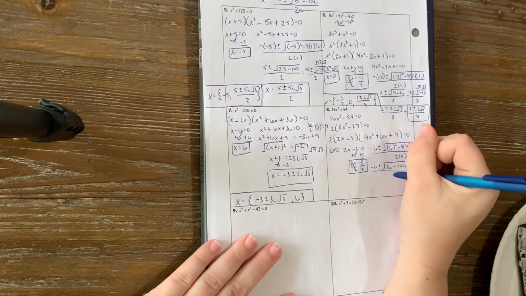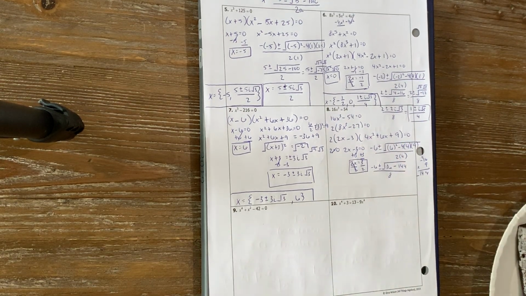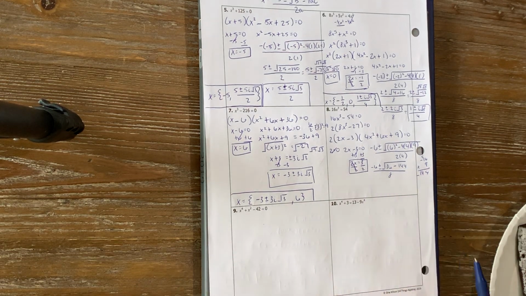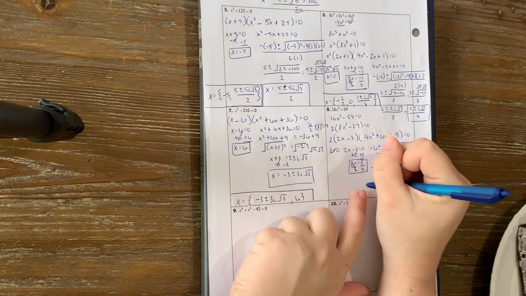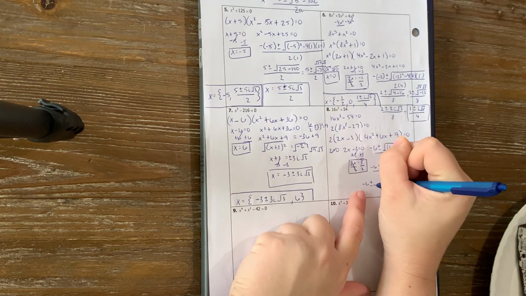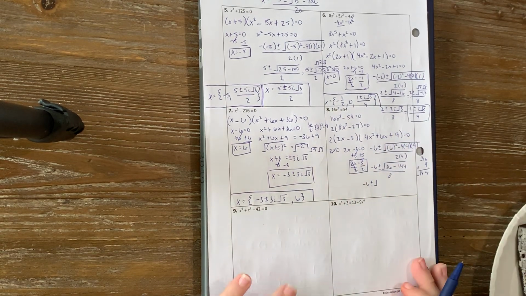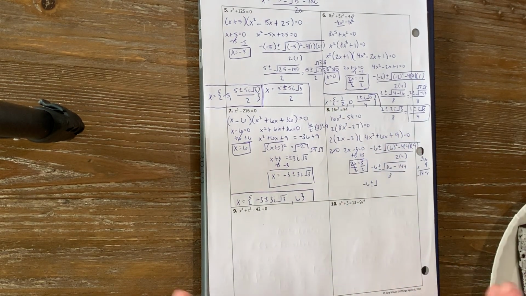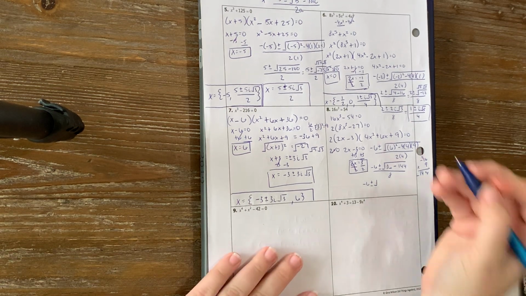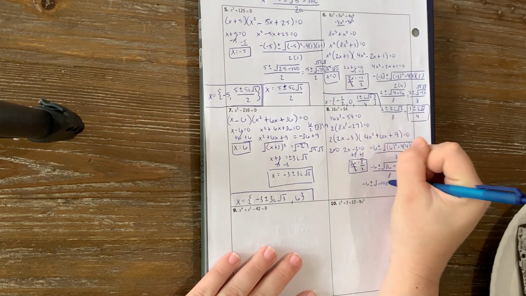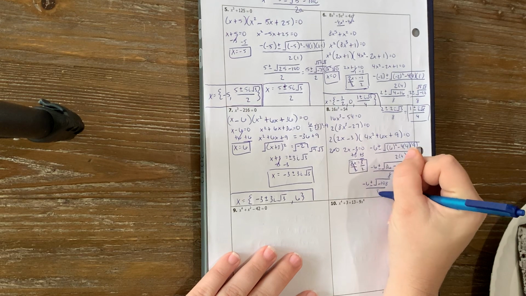And 2 times 4 is 8. Okay, so then simplifying that even further. So we have negative 6 plus or minus, well, 36 minus 144 is negative 108. And it's all over 8.